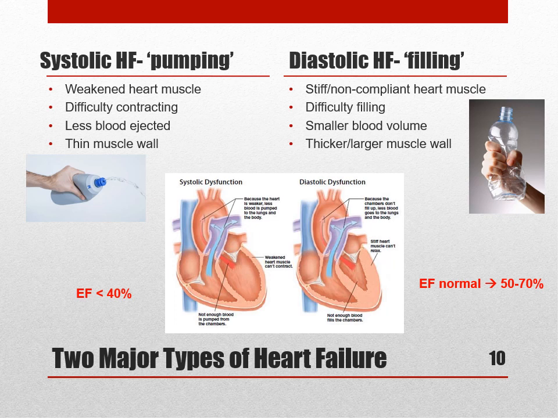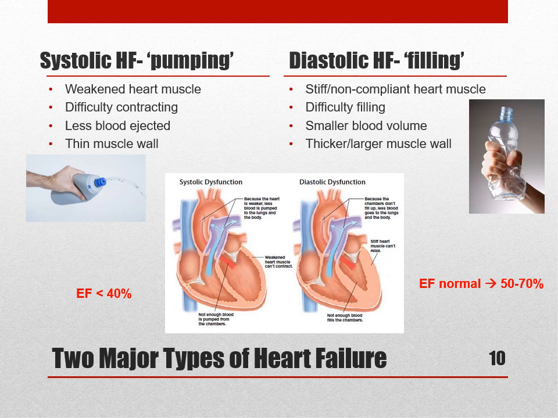And remember, the good thing is that even though you have a smaller blood volume in there, your ejection fraction will be normal. You will still eject that 50 to 70% out. It's just going to be less because you have less volume that's filling up. So you can see here in the pictures the difference between the volume that's in the systolic versus the diastolic, which is why the diastolic does require some medical intervention.